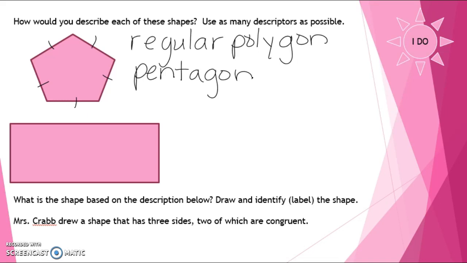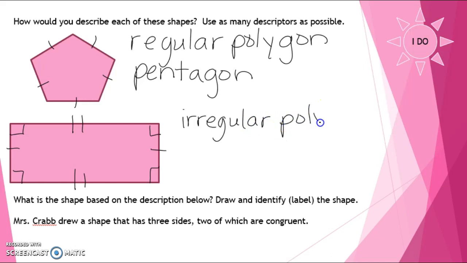Got it? Now, this one, we can see these 2 sides are not only parallel, but they are the same length. And these 2 sides are the same length and parallel. So we know, and this is a right angle because look at those perfect corners. Okay? So this is an irregular polygon, and it is a rectangle.